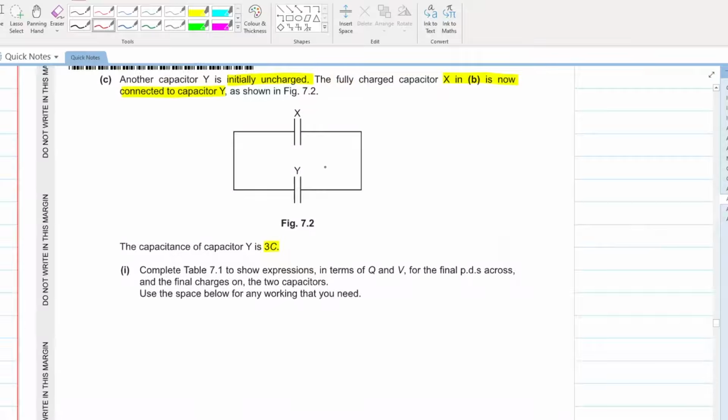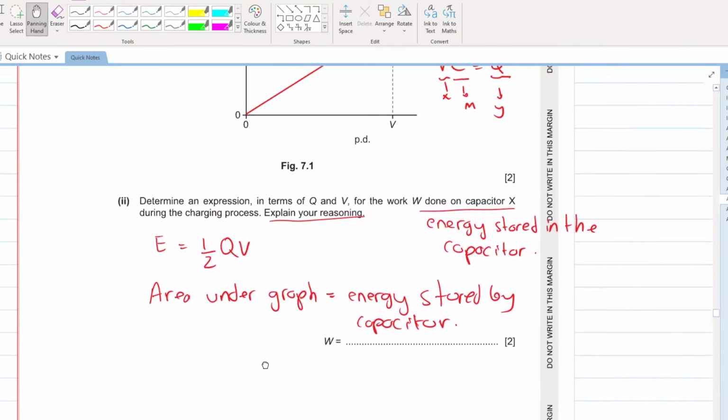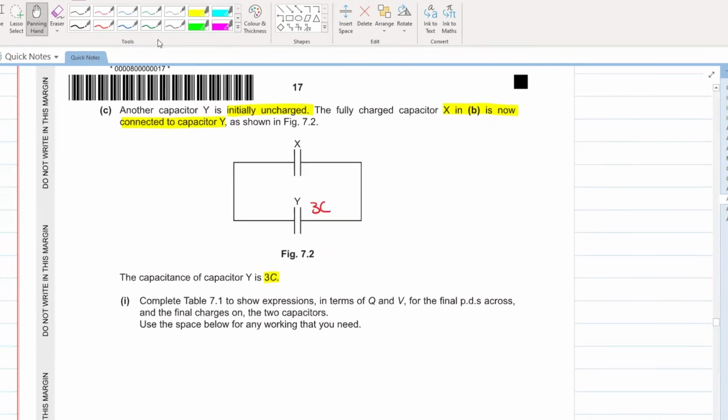Are we given the capacitance of X? Yes, here we are given: the capacitance of X is C. So capacitor X has a capacitance of C and capacitor Y has a capacitance of 3C.